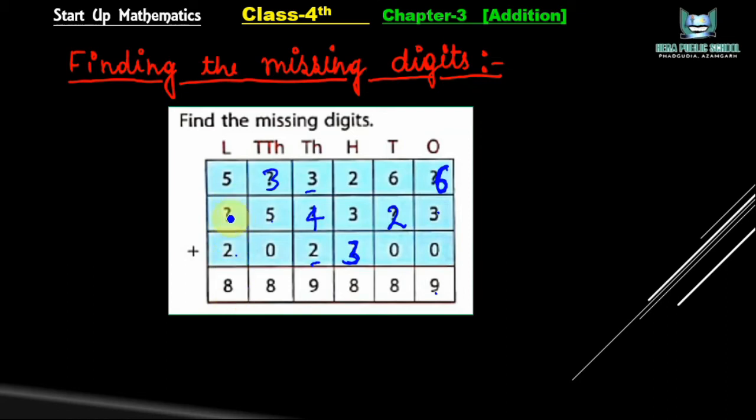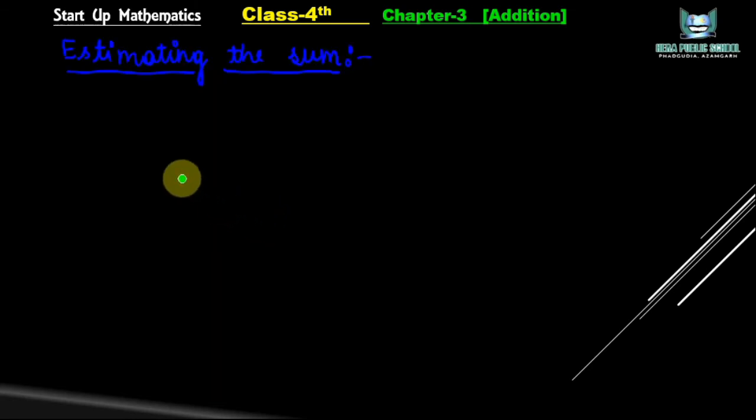That number is 1. So in this question there are many missing digits, that are 1, 3, 4, 3, 2 and 6.